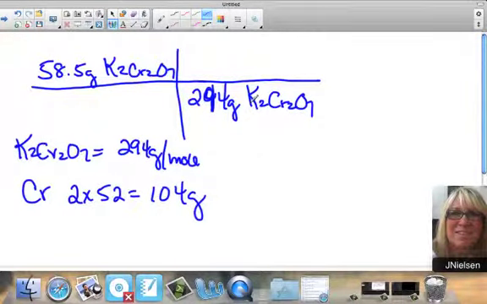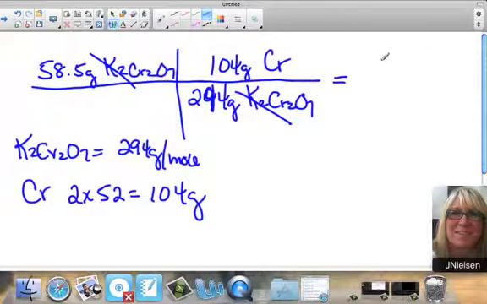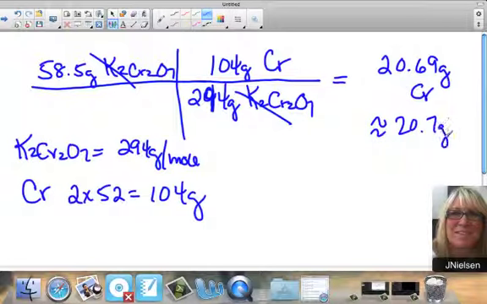So within this compound, I have 104 grams of chromium. So my grams of potassium chromate cancel. 58.5 times 104 divided by 294 gives me 20.69 grams of chromium, or approximately 20.7 grams of chromium.